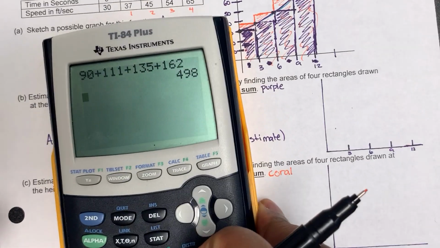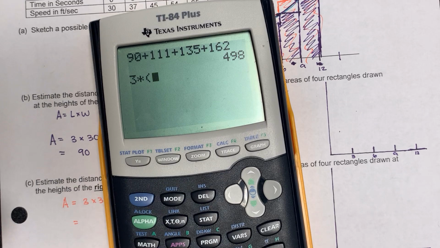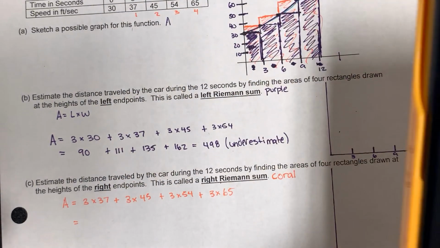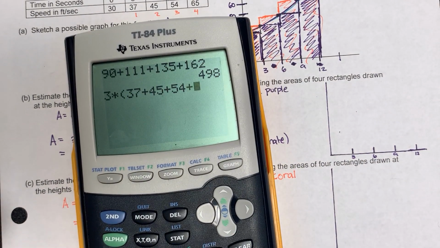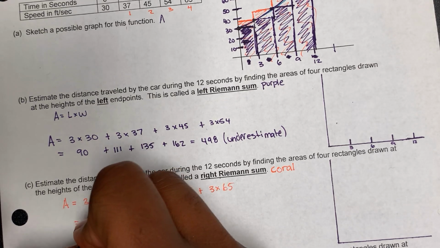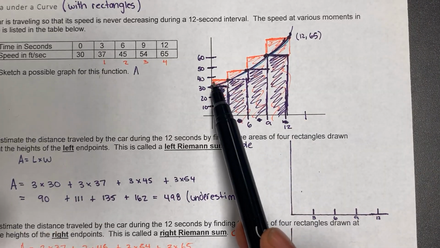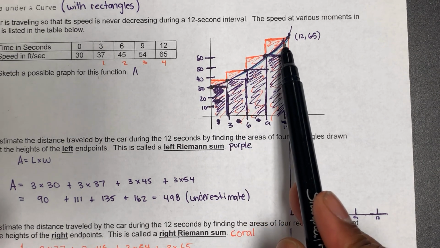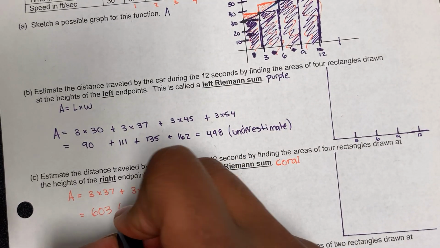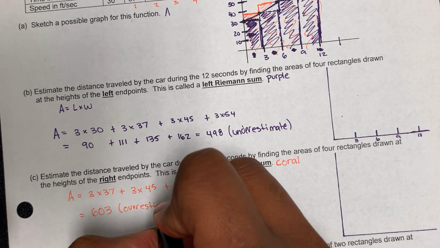So if we put this all in the calculator, we have 3 times 37 plus 45 plus 54 plus 65 is 603. So these rectangles go above the function, so we expect this area to be an overestimate.